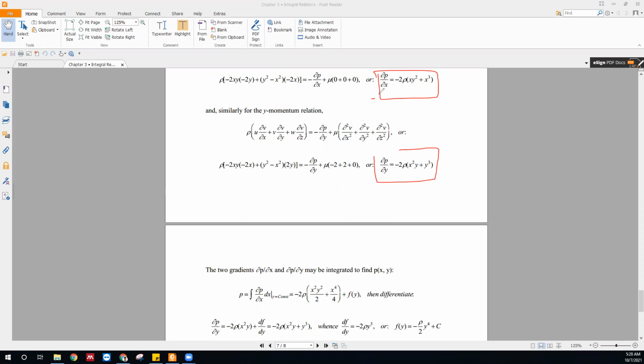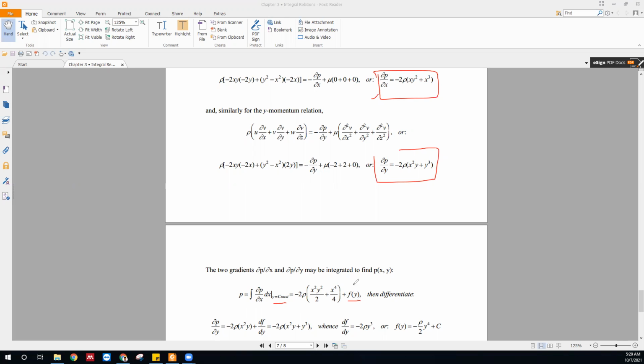Now, if you take this equation and integrate it to find p, we get p equals the integration of delta p by delta x multiplied by dx, with y constant, because we are integrating with respect to x. So you take this one, integrate it, and you get -2 rho multiplied by x squared y squared by 2 plus x to the power 4 divided by 4. Now, since we are integrating, we will have one integration constant, f of y.